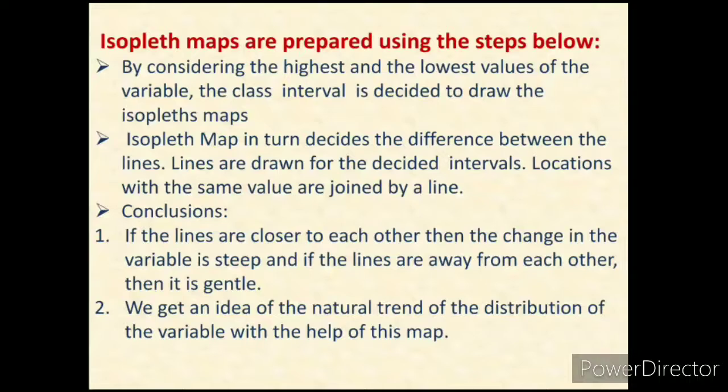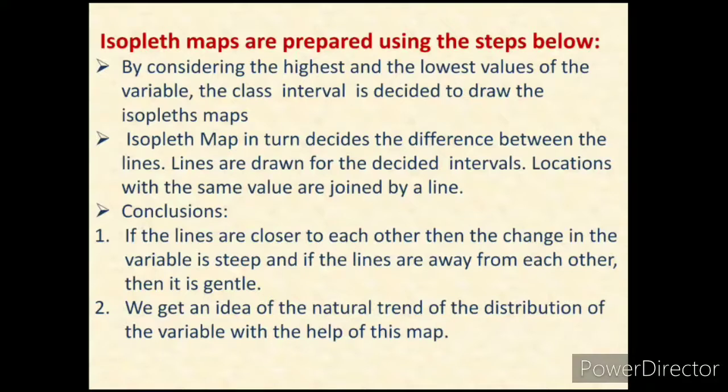The class interval in turn decides the difference between the lines. Lines are drawn for the decided intervals. Locations with the same value are joined by the line. Right now we have seen the lines were drawn and the same value places were joined by isolines. Conclusion: if the lines are closer to each other, then the change in the variable is steep, and if the lines are far away from each other, then the change is gentle.